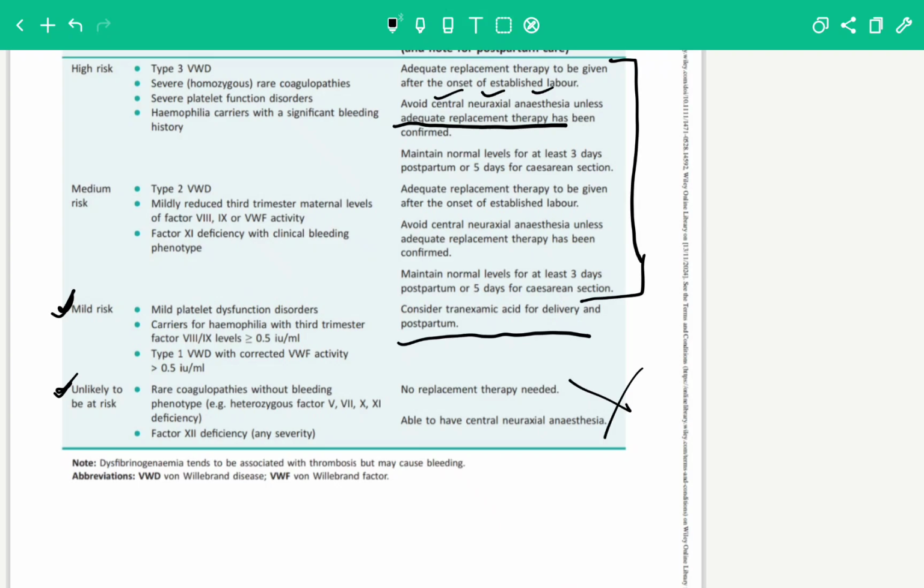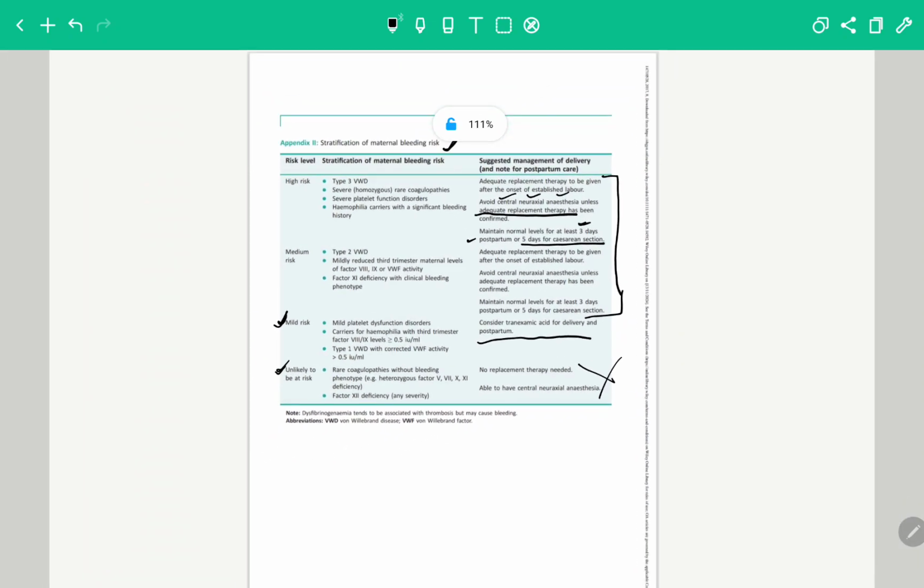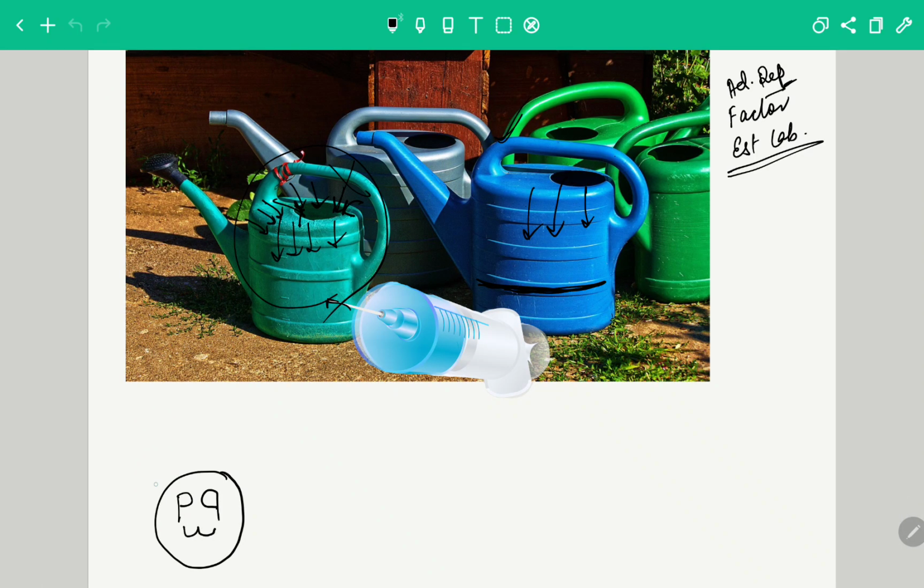And one more thing is important, you have to monitor the patient and ensure that for 3 days postpartum and 5 days following C-section, the normal levels of the factor is being maintained. And this is very easy to remember. If you remember the face of this panda, the 2 eyes are the 2 P's, that is postpartum, and the mouth is like the number 3.